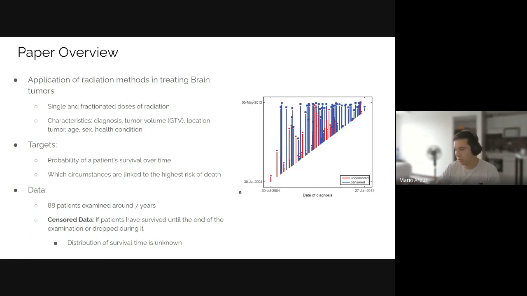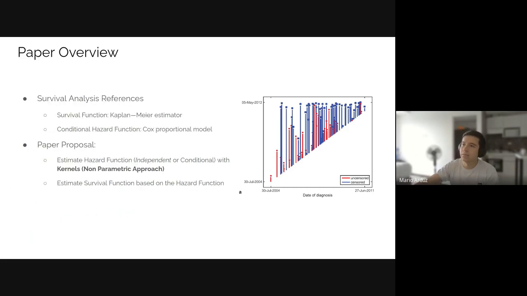survival analysis. And in survival analysis, there would be, let's say, two types of main functions, or perhaps the ones that can introduce this type of topic. One would be the survival function, and one that is the conditional hazard function.